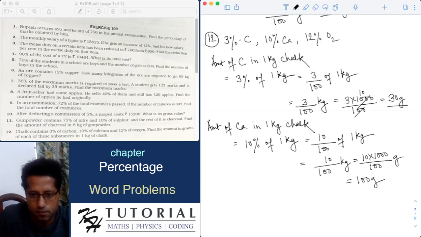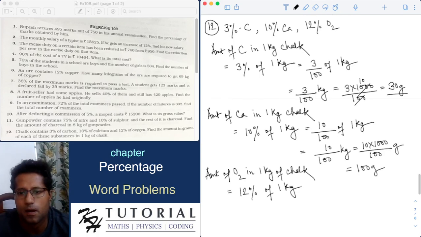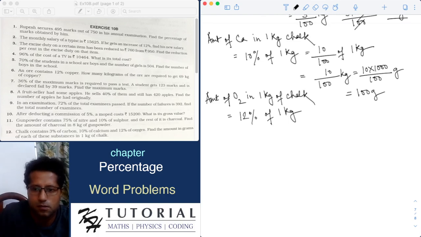Okay. Amount of oxygen in 1 kilogram of chalk equals, the percentage of oxygen is 12%. So this will be 12% of 1 kg. And this equals 12 by 100 of 1 kg.